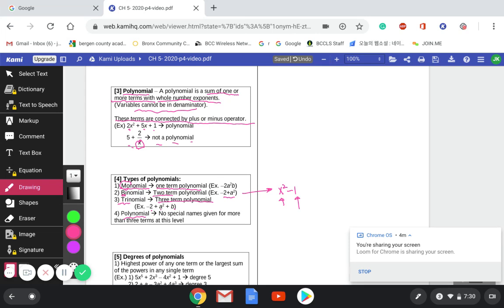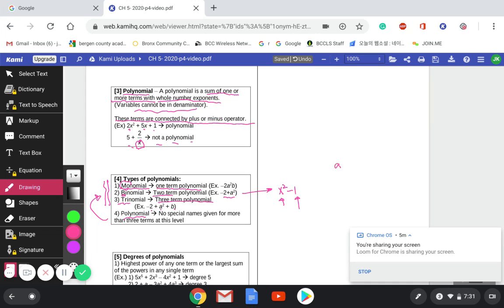Well, actually there is, but at our level, we only differentiate monomial, binomial, trinomial. All of these we call polynomials. So polynomial is a generic term for one or more terms connected with an addition or subtraction operator.